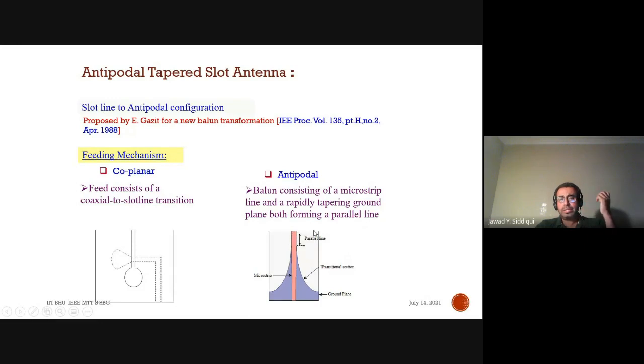This is the part of the Balun which consists of the microstrip line and a rapidly tapering ground plane, forming a parallel line which will excite the antenna. The feed structure becomes very simple to design, and the bandwidth is pretty enlarged compared to the normal coplanar configuration of a coaxial line to a slot line transition.